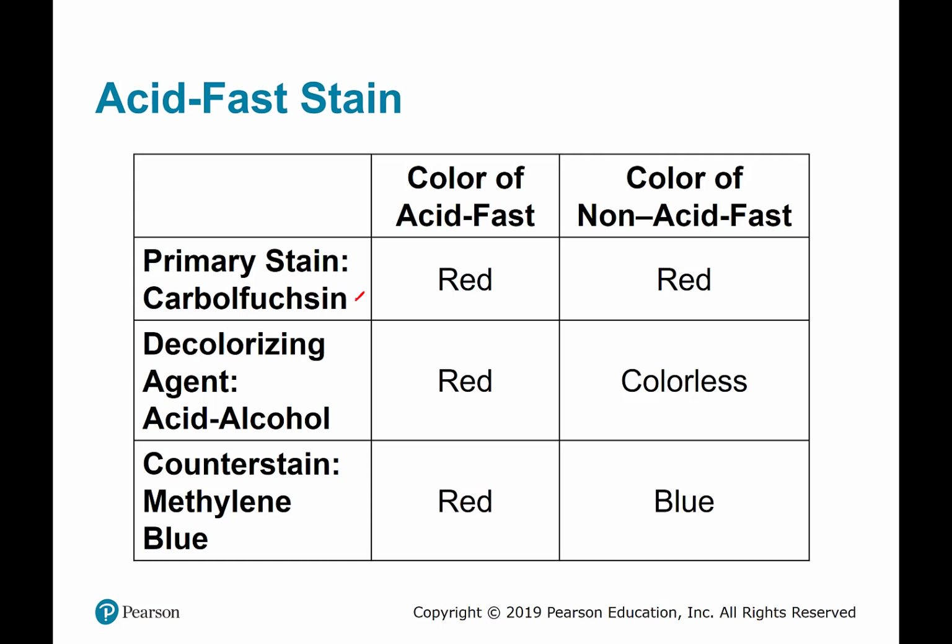And then you're going to use a decolorizer. This is an acid alcohol. And the acid alcohol will not rinse the carbofuchsin from the cells that are acid-fast. Those that do not have the mycolic acid in their cell wall, that carbofuchsin is going to be rinsed out. And after the decolorizing step, they will appear colorless.